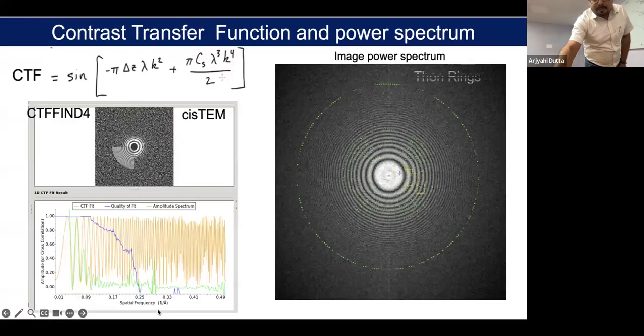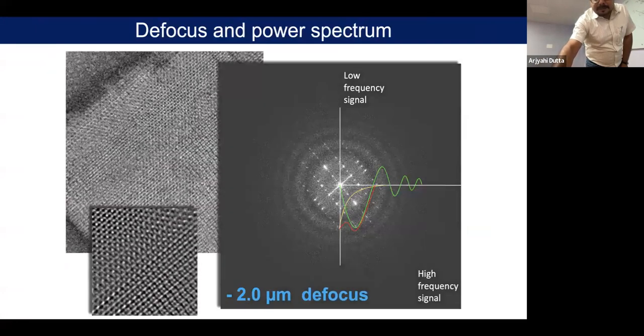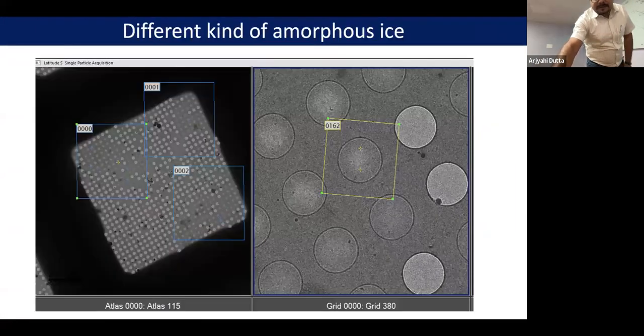Okay, let me move a little bit faster. I'll skip some of these slides. Now here you are asking what should be the spot. When we are imaging something, we want a certain diameter which should not expose this entire area.